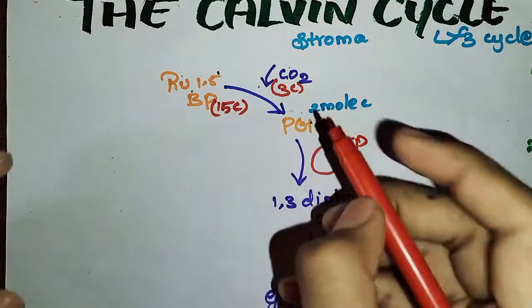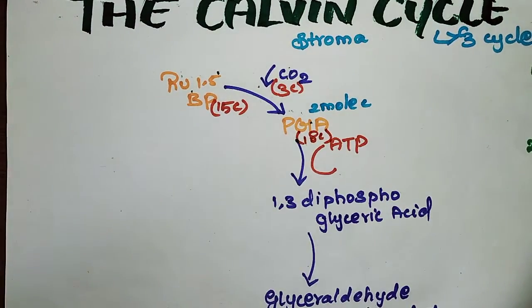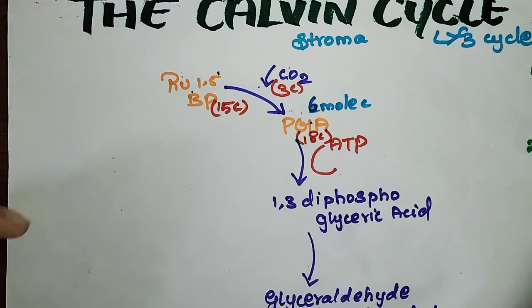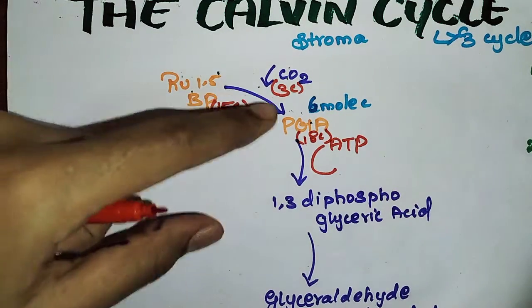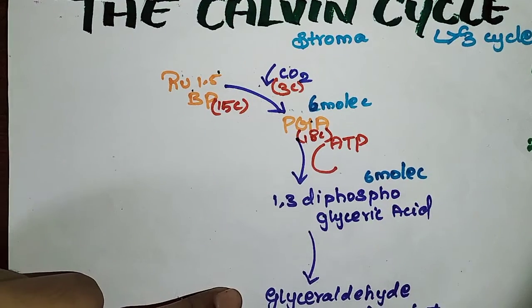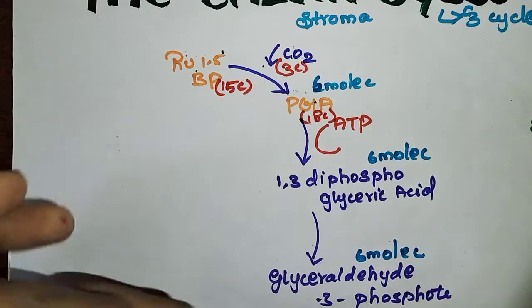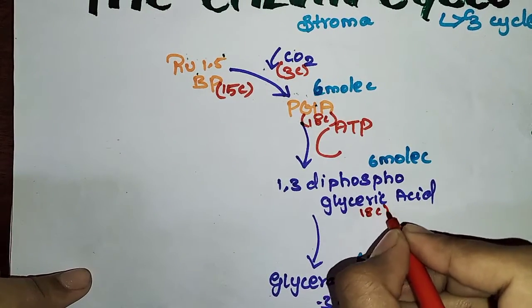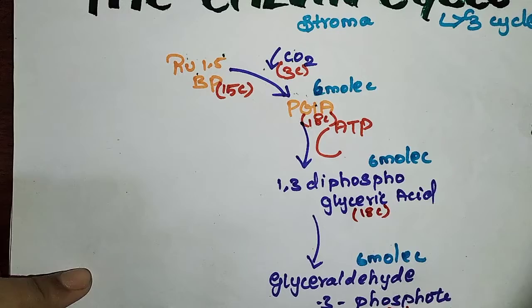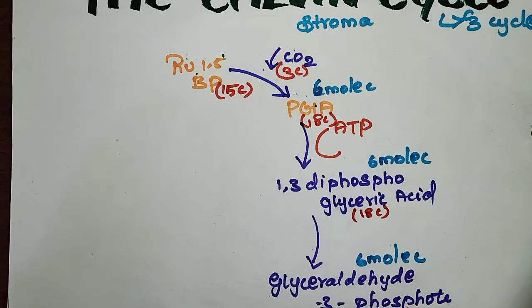This means in one cycle we get two molecules, then in three cycles we get six molecules. Clear? These molecules continue over here. Here also six molecules. Then glyceraldehyde 3-phosphate is also six molecules. Again, this is also an 18 carbon compound. I am drawing it for 3 cycles.